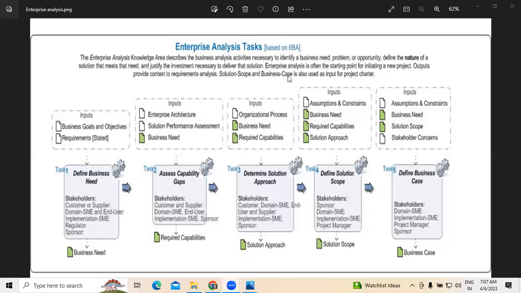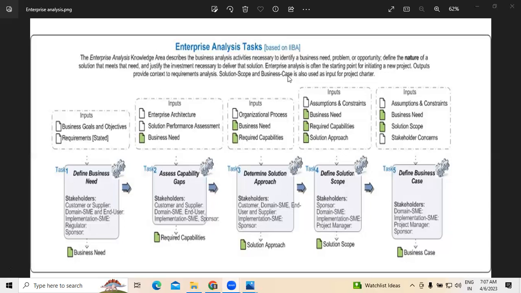So defining the business need is required. If you want to define the business need, of course, business goals and objectives are needed. For assessing capability gaps, you need to understand the existing and proposed future system, followed by knowledge of enterprise architecture like business systems, applications, and data architecture for sure. You need to identify the solution approach, how to develop, by keeping organization process standards into consideration.